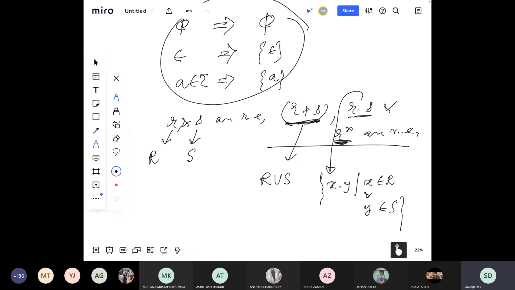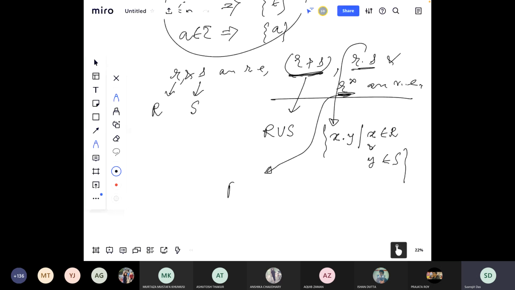If R is a regular expression, R star is a regular expression. What do I mean by this? It means if R is a regular expression denoting the set R, then R star is a regular expression denoting the set R star. Done? Did you get the essence of this way of expressing things?